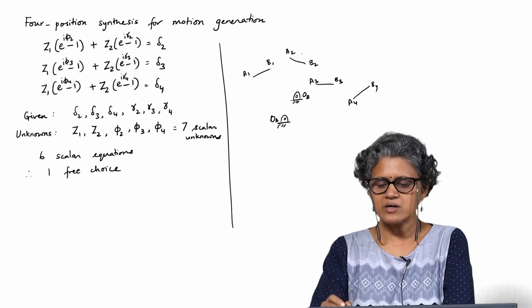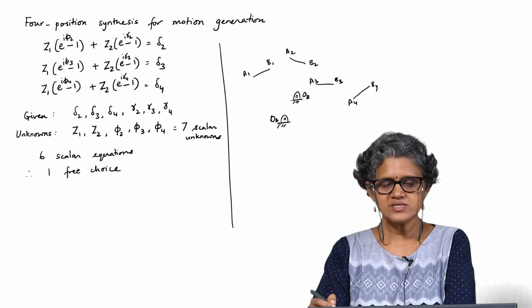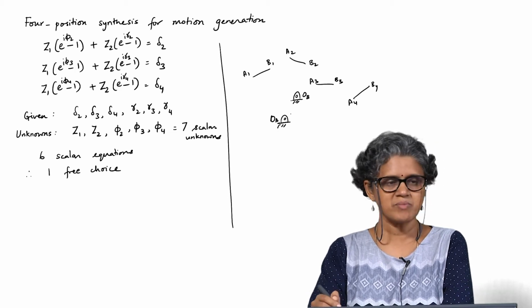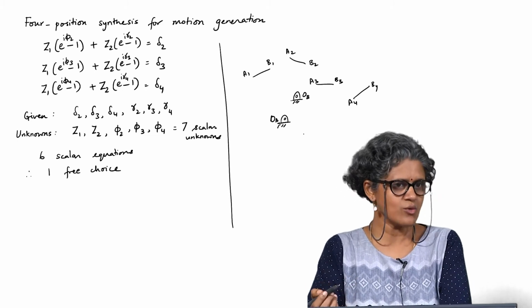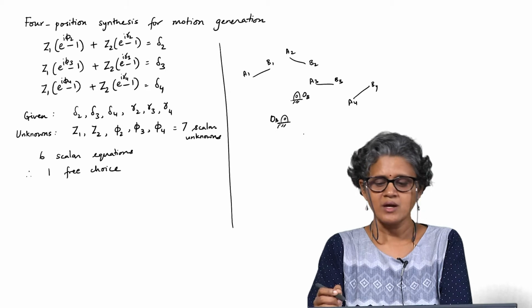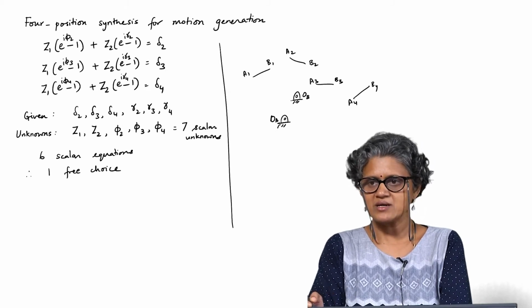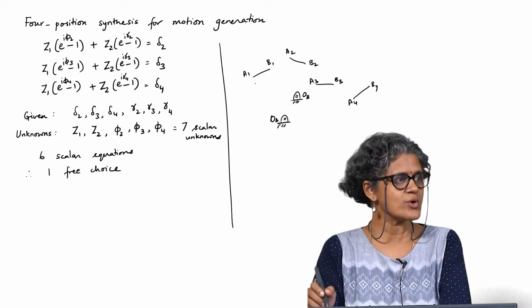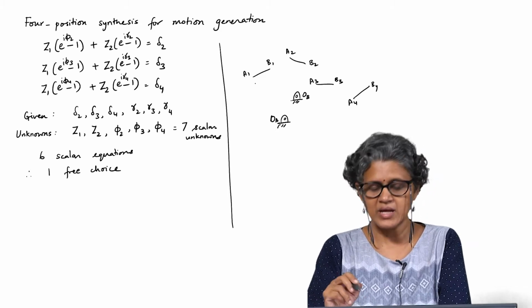If I take 1, 2, 3 and then I take 2, 3, 4, the odds that A4 and B4 will also lie on the circle passing through OA and OB, which satisfies the first 3 positions, is very low. So, that is not going to happen. If I synthesize for 3 positions and add a fourth position, it is not likely that the fourth one is going to be on that same circle.